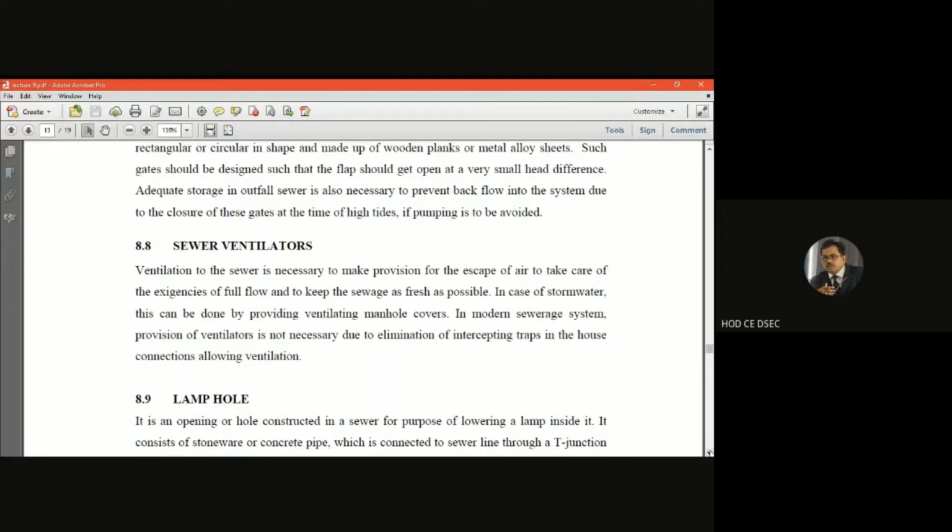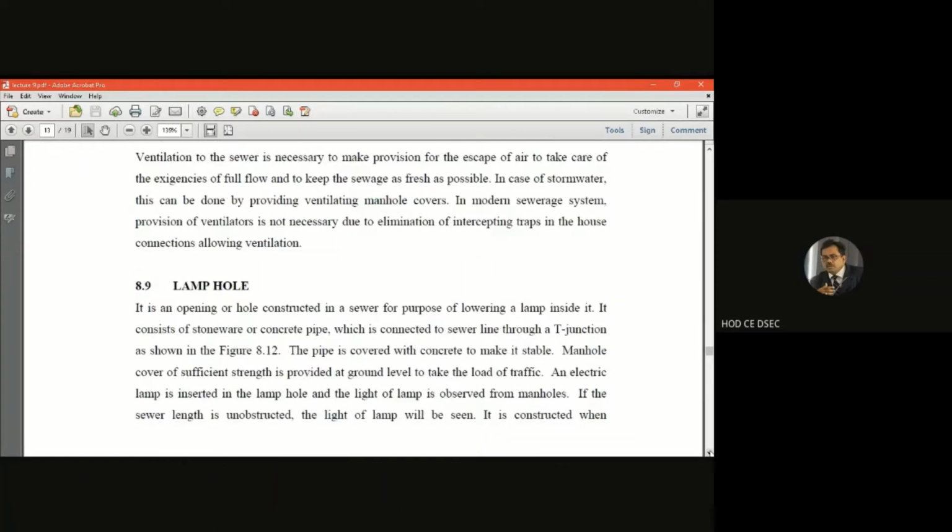But in a sewage system, ventilators should be provided for eliminating the foul gases. In modern days we also take care by eliminating the intercepting trap in our house connections to allow ventilation. We are taking care of that in our individual houses too.